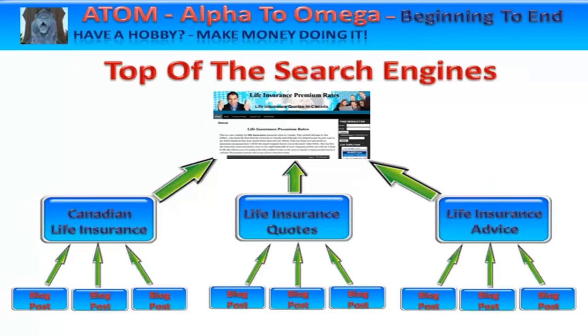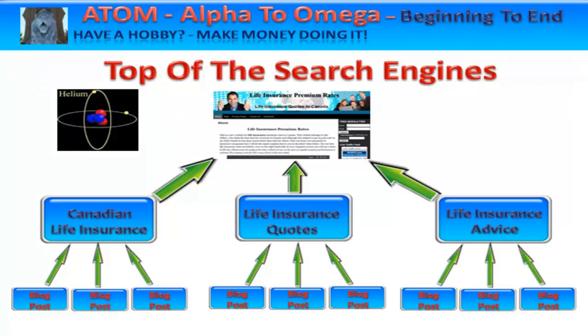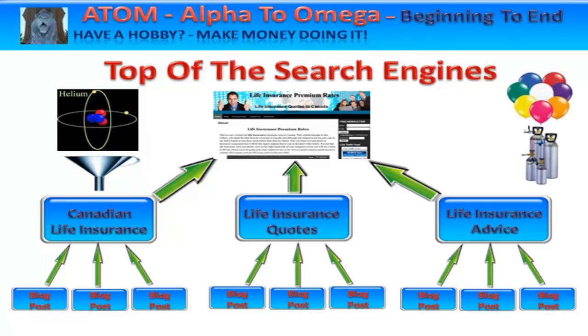Now let's look at it just a little bit differently. Let's take a look at the way the top of the search engines work. And for demonstration purposes, this is the top of the search engines. Let's add a little bit of helium. Let's funnel that helium into your Tier 2 or your page tabs. What does helium do? It makes things rise.